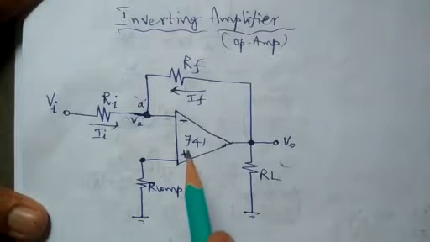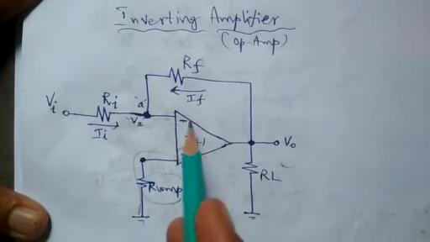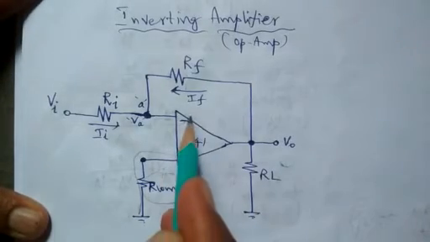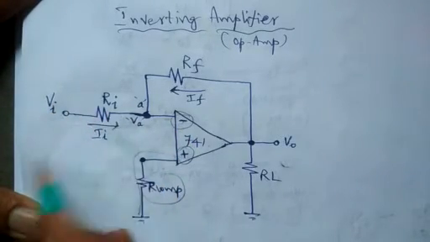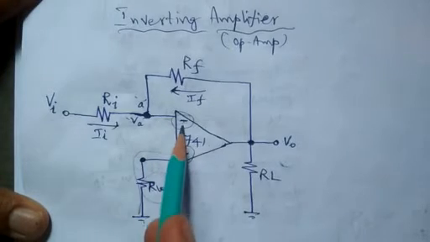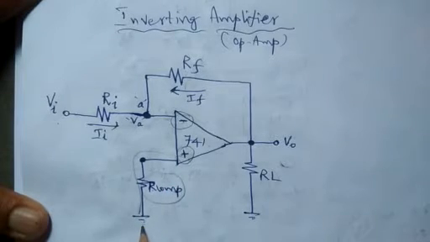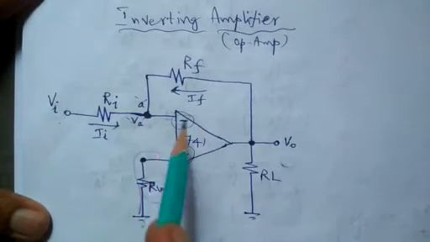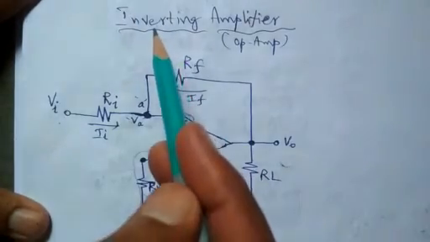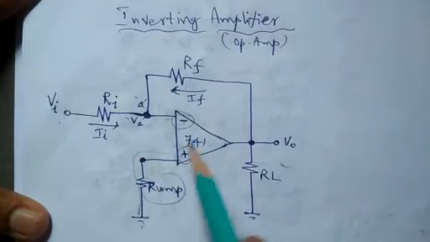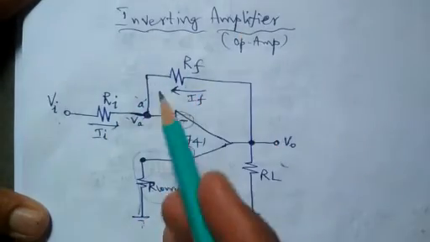If we connect the non-inverting terminal to ground via RComp or directly, and simultaneously connect the minus terminal to Vi directly or with the help of Ri, the inverting terminal is connected to the input and the non-inverting terminal is connected to ground. If any configuration follows this principle, it becomes an inverting op-amp configuration. Here the circuit is used for amplification purpose, that's why the name is inverting amplifier.